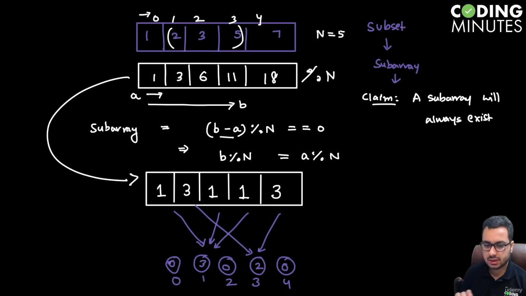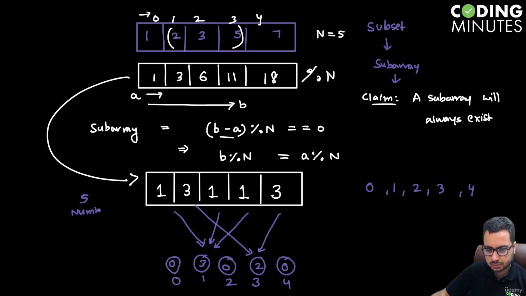But now let me just tell you, there can be two possibilities. Okay, so in the worst case you might get something mod n as 0, 1, 2, 3 and 4. Okay, so we have 5 numbers, and let us assume that these 5 numbers give these different mods.